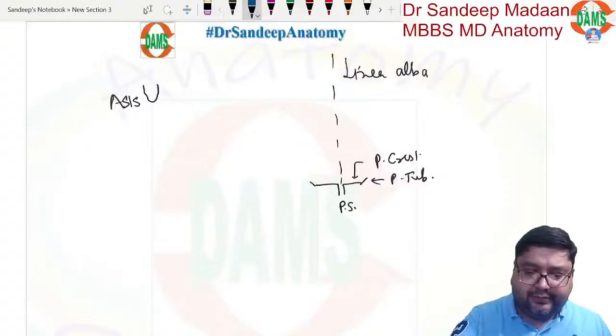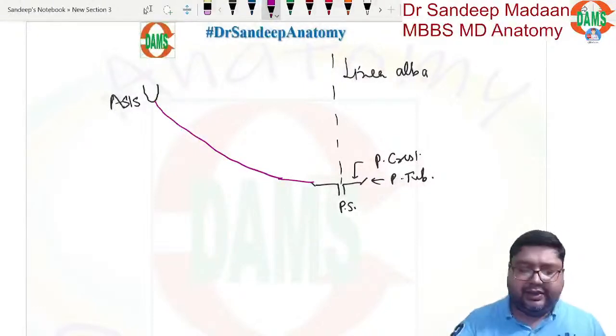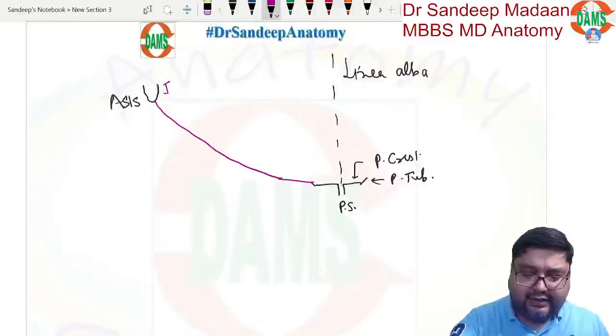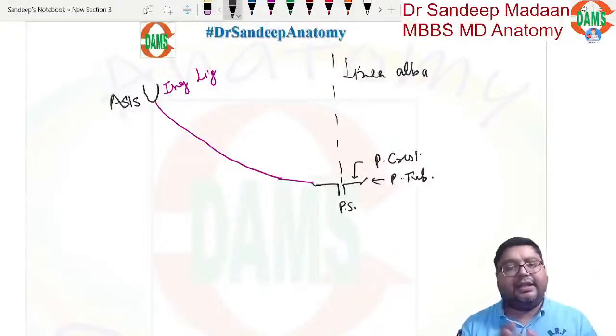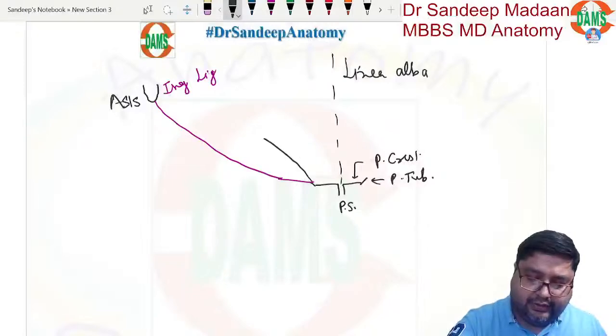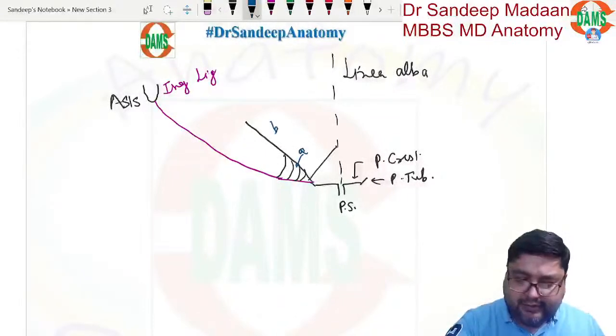Now between ASIS and pubic tubercle, we have the primary attachment of the inguinal ligament. This is the inguinal ligament. But beyond this primary attachment between ASIS and pubic tubercle, it will give three extensions, which we can remember like this. We have A, this one, B, this one, and C, this one.